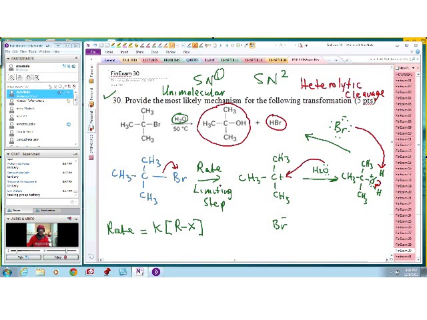Notice, if you are told to write the reaction mechanism, you have to indicate which step is the rate limiting step. If you are also told to write the reaction energy profile for this, it will look like this.